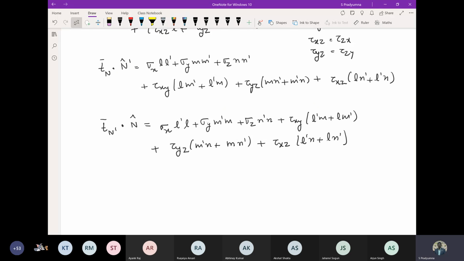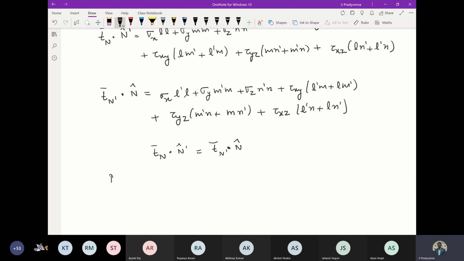Therefore, from these two, I can conclude that Tn dot n dash is equal to Tn dash dot n cap.